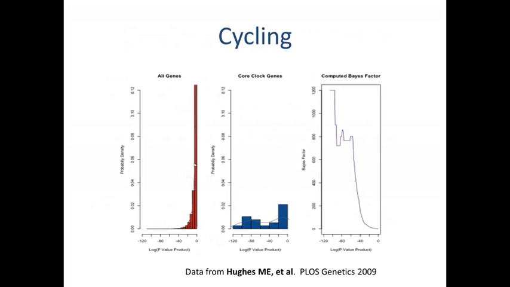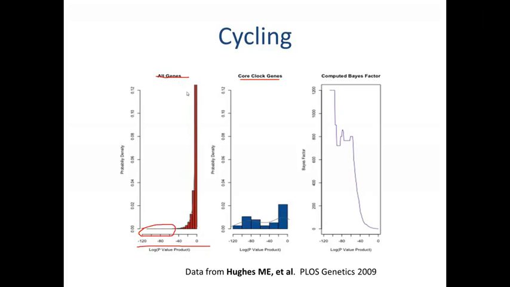So here's a distribution of p-values given in red or in blue here for all genes in the genome or core clock genes. So these are plotted in the same axis, which is log p. So we go from minus 120, extremely highly cycling, to 0, not cycling at all.